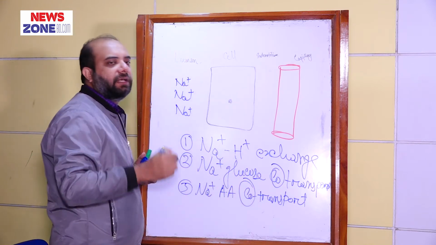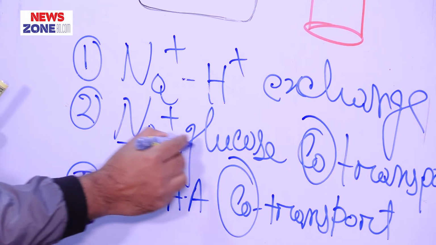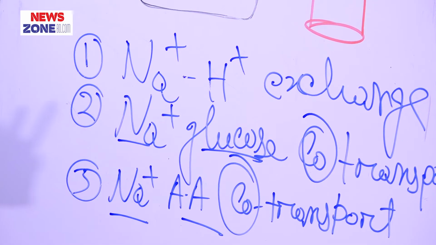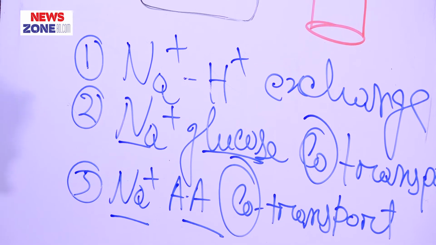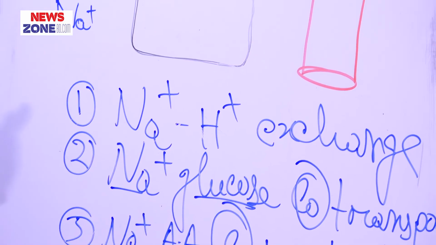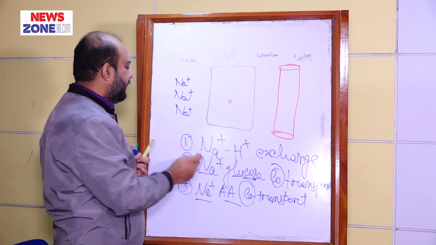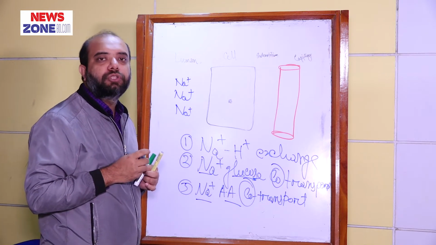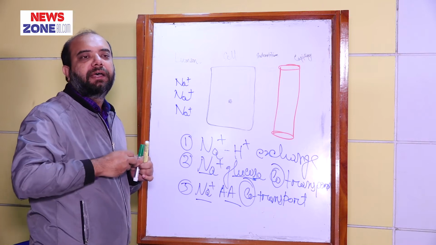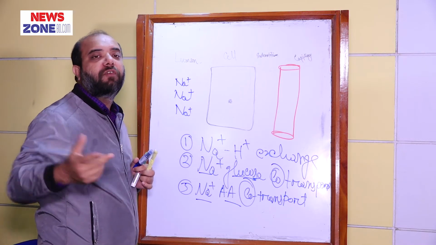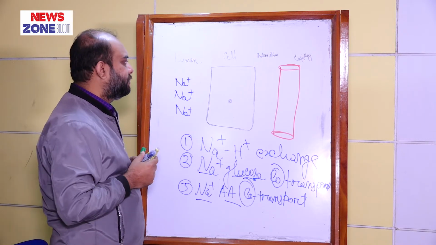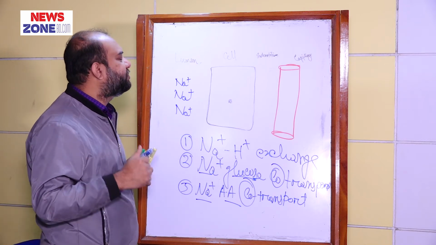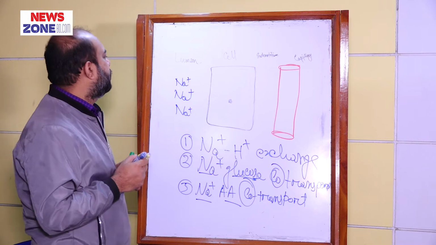Co means these 2 substances, sodium and glucose or sodium and amino acid, will go in the same direction simultaneously. So, the first type is counter transport and the second type is co-transport, and both of these transport systems are in the family of active transport. So, energy expenditure will be needed in these transportation systems.